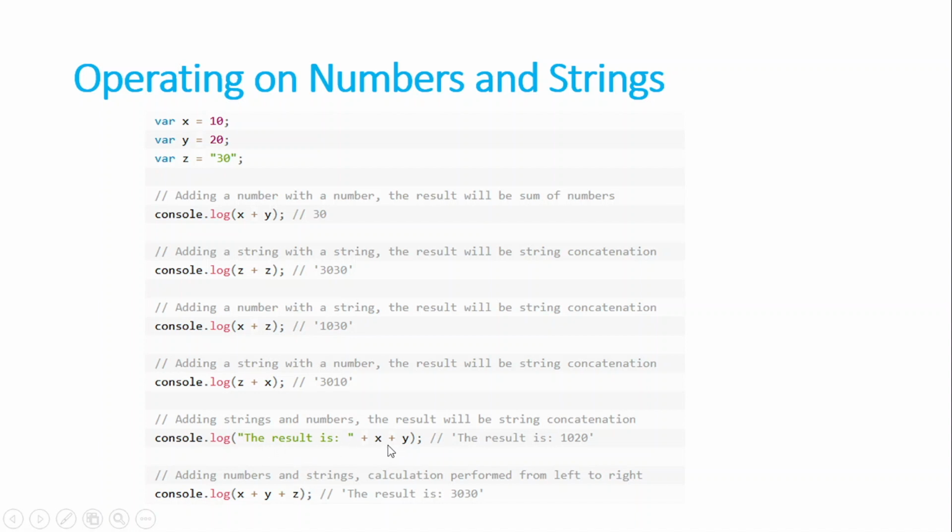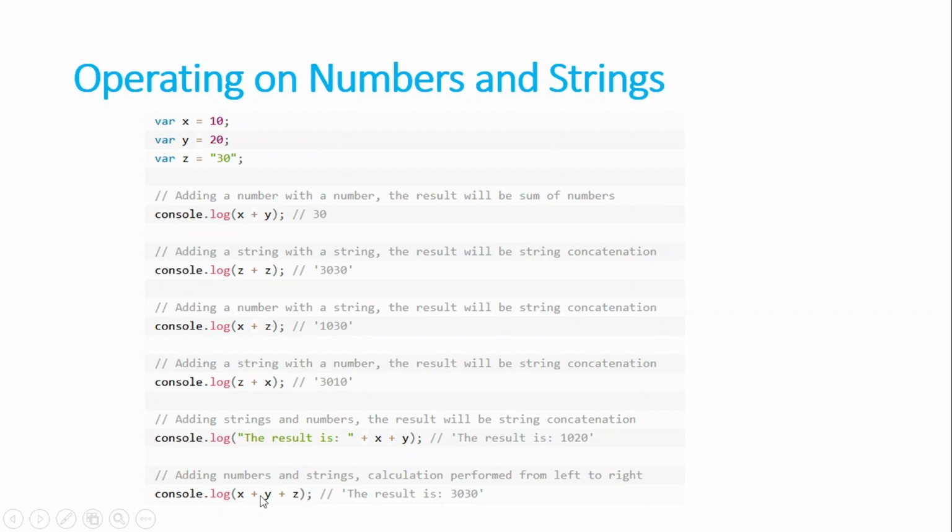I know both of them are numbers, but if we are adding them with a string, at that time it will actually treat the other numbers as strings. So it will concatenate them, not add them. So remember, when you want to add numbers, you don't have to add them with the string. You can do it separately if you want to actually add the numbers. Otherwise it will concatenate or join the numbers instead of adding them.